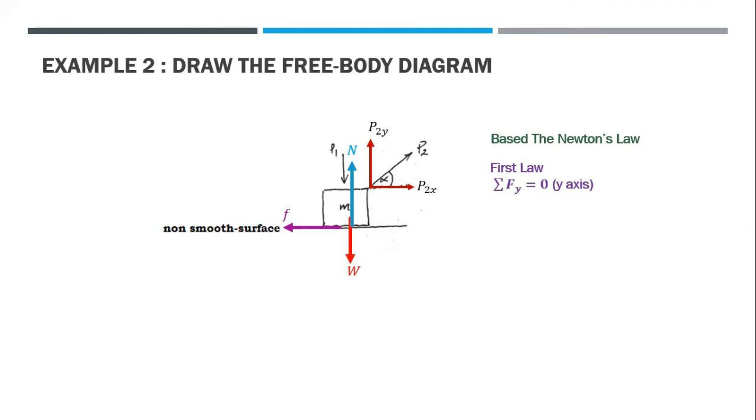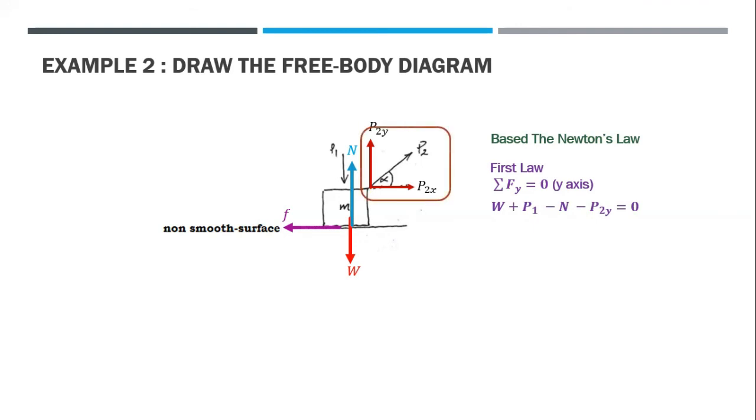If we choose downward as positive, because it is attracted by gravity, we can notate that W is positive, P1 is positive, N is negative, and P2y is negative. So we can write that W plus P1 minus N minus P2y equals 0.